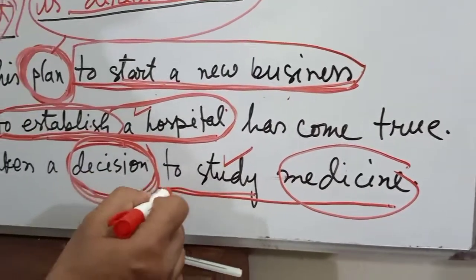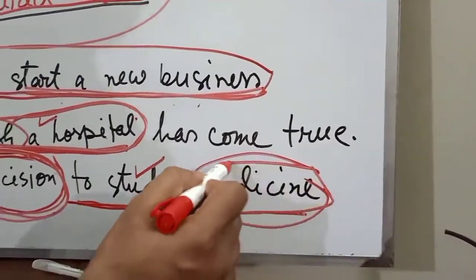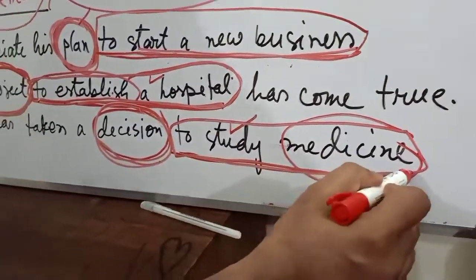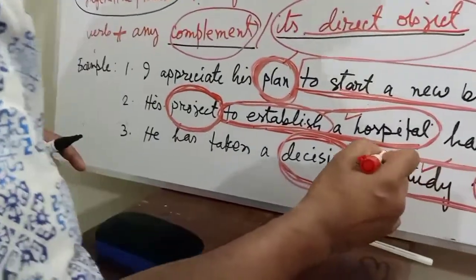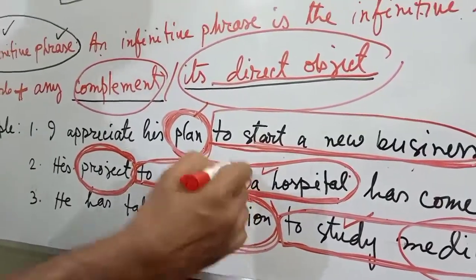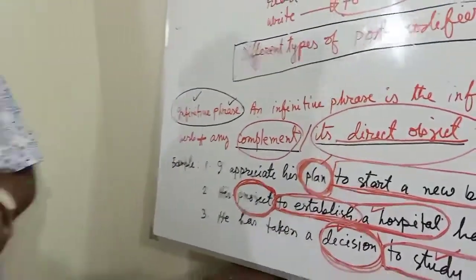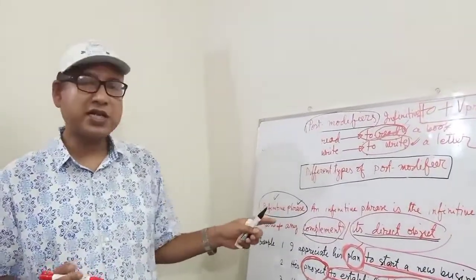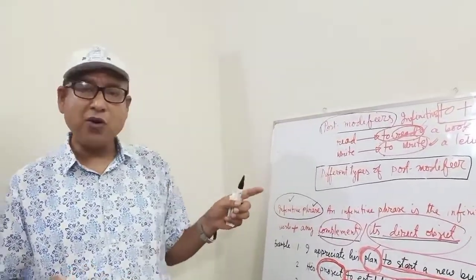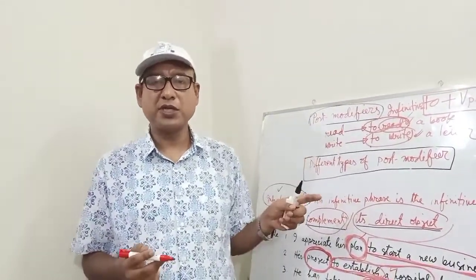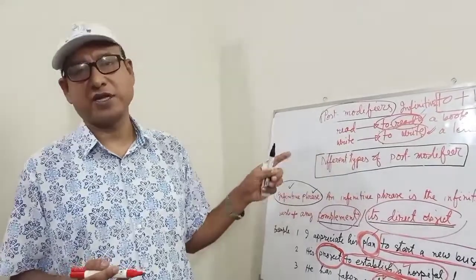So, to study medicine is the infinitive phrase. This infinitive phrase has modified the word decision. In the three examples, we have got a clear idea how infinitive phrases are used as post modifier.